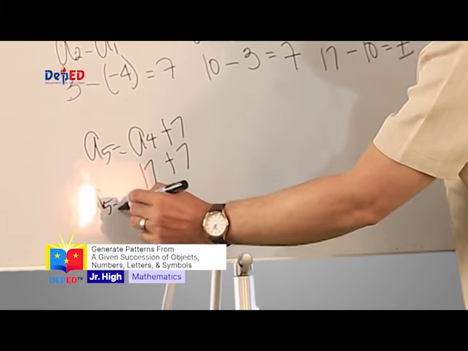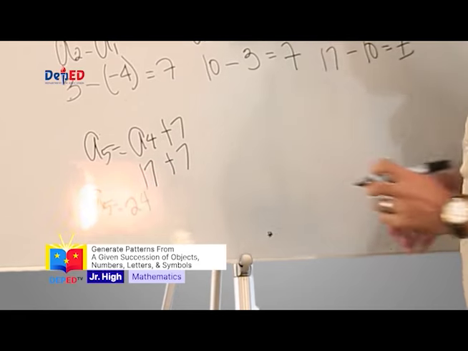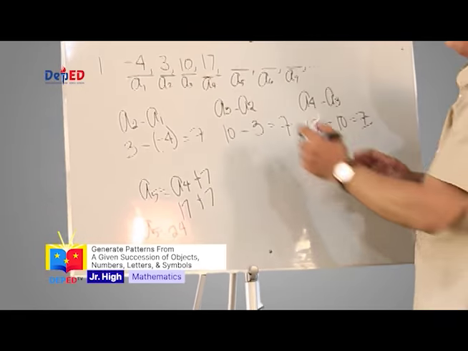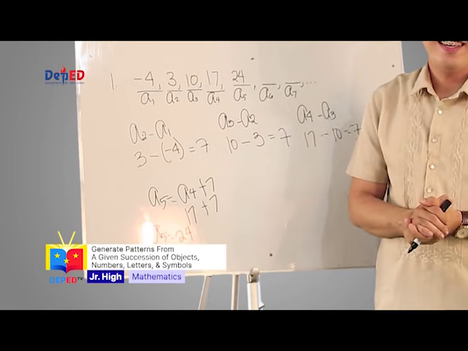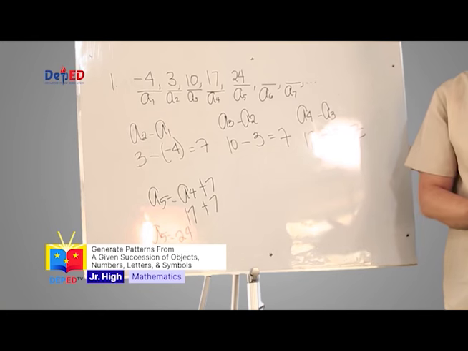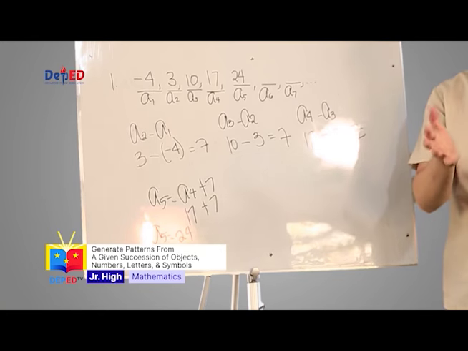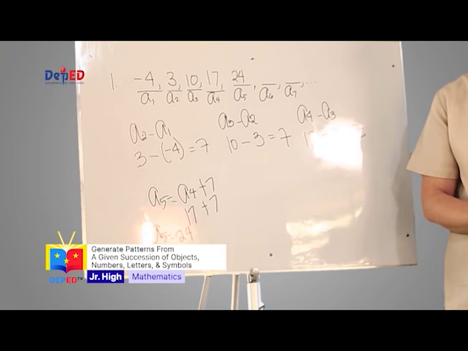The fifth term will now be equal to 24. What do you think the sixth and seventh term will be? Go ahead and give it a try. I'll give you 10 seconds.